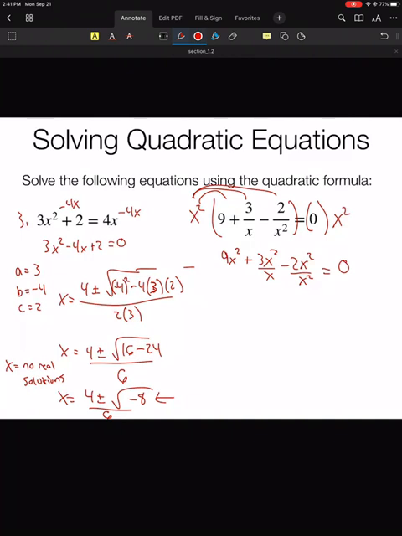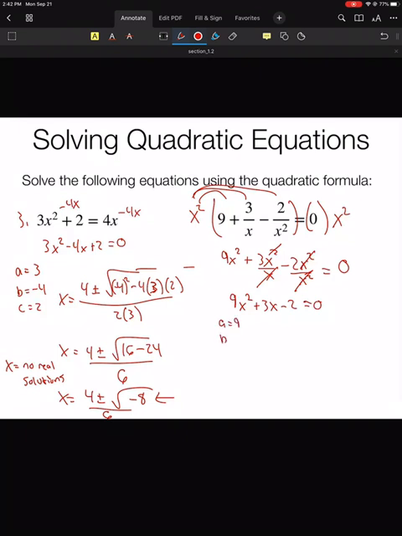Now when things cancel out here, 1x goes away in the bottom and 1 in the top, and in the third part of the quadratic, the x squareds just go away, and what I'm left with is 9x squared plus 3x minus 2. So look, lo and behold, what I've done here is getting rid of all the denominators and got my quadratic in the form I need to use the quadratic formula.